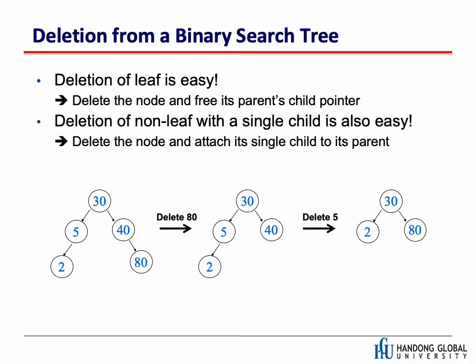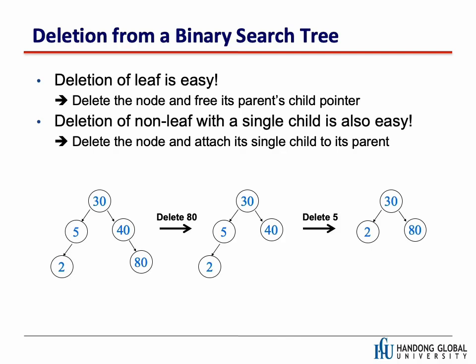In that case, delete that node, and then attach its single child to its parent. In this example, we want to delete 5. So we will free node 5, and at the same time, node 2 should be the left child of 30. Think about the constraint of BST: the nodes of the left subtree should be smaller than the parent node.